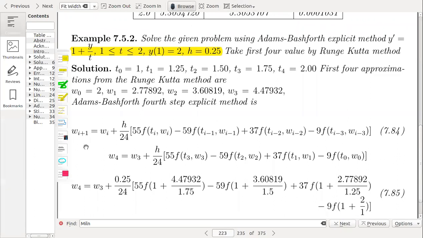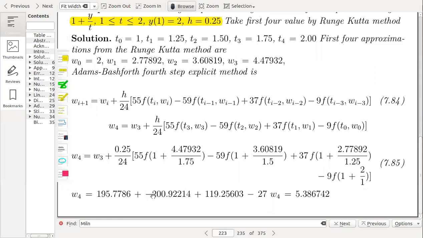If we replace this i with 3, we will get w4 is equal to w3, and substituting the values of h and this ti, we will compute the value for w4 is equal to 5.386748.